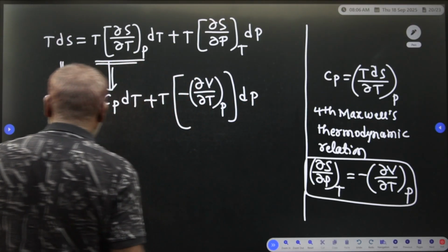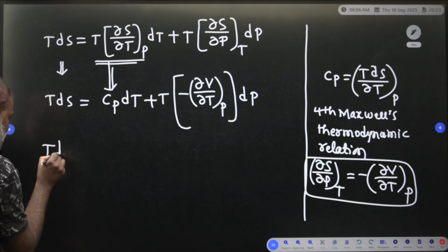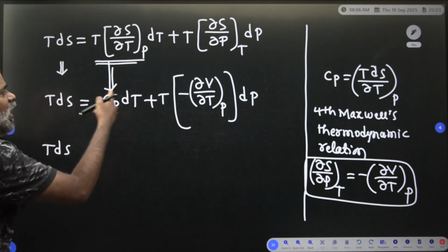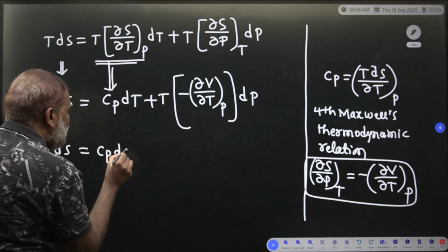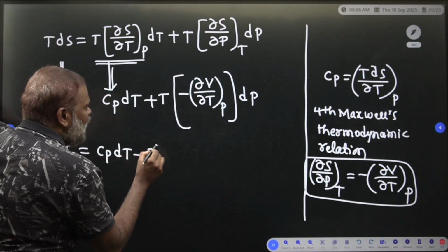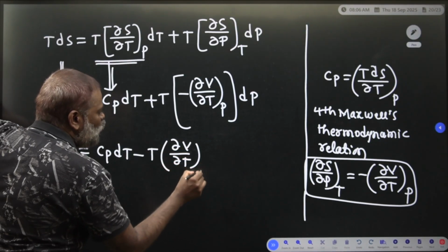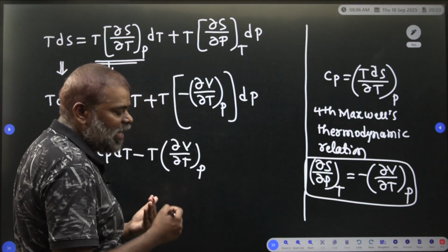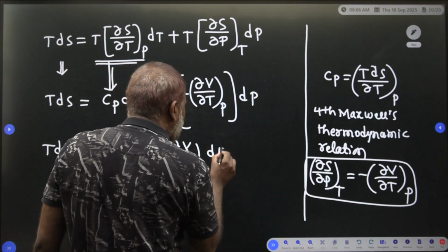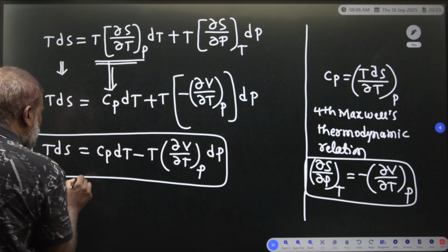So therefore you have to take your second TdS equation in terms of temperature and pressure: TdS = Cp dT minus T into ∂V/∂T at constant pressure into dP. So this is the second TdS equation we are going to write.